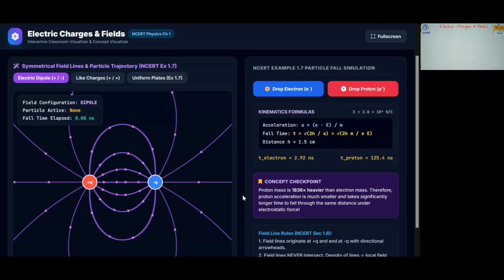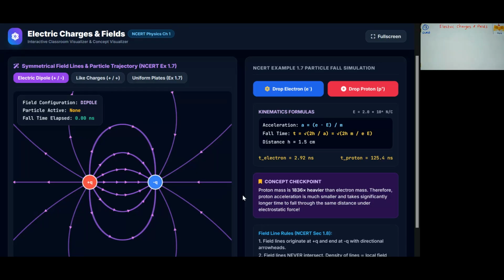At any point it indicates the direction of the net electric field vector E. Where field lines are crowded close together near the charges, the magnitude E is strong. Where they spread out, the field is weak.